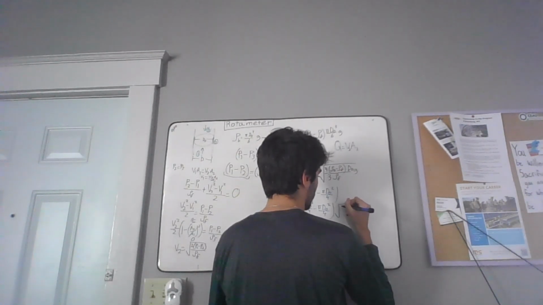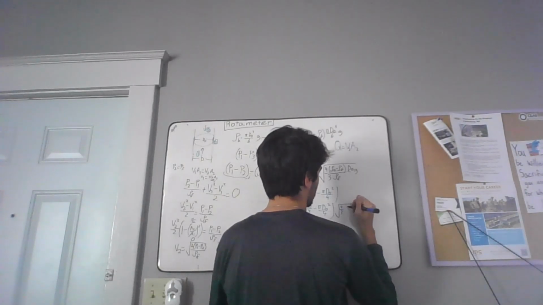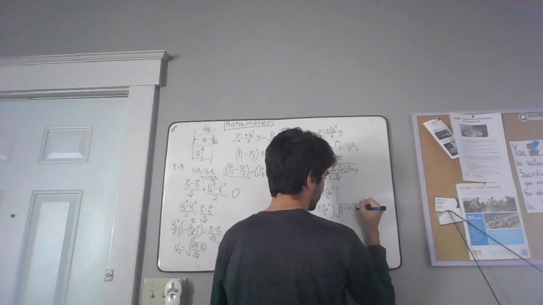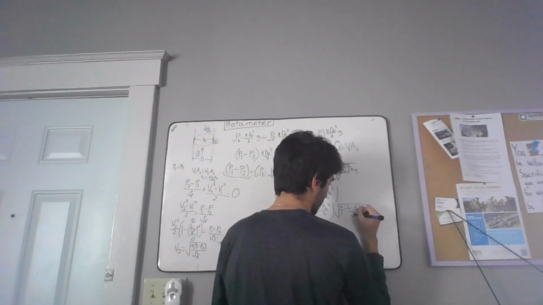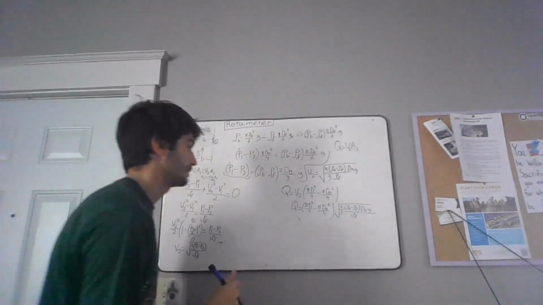So 4/3 of the density of the ball minus the density of the fluid times D naught times gravity all over the density of the fluid. Beautiful.